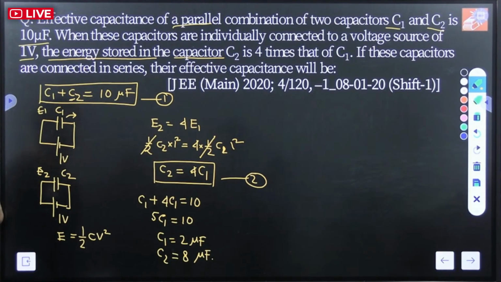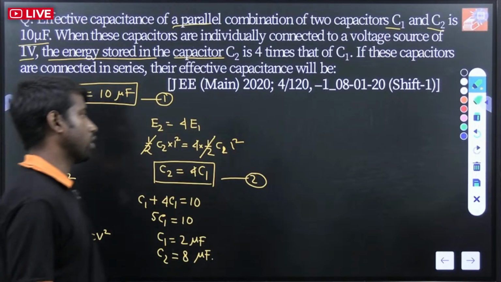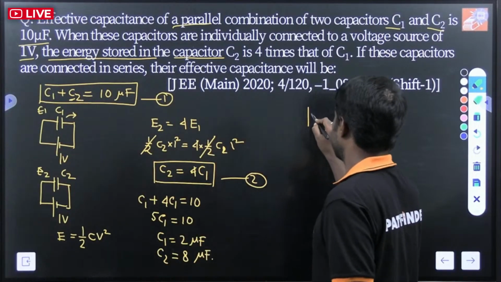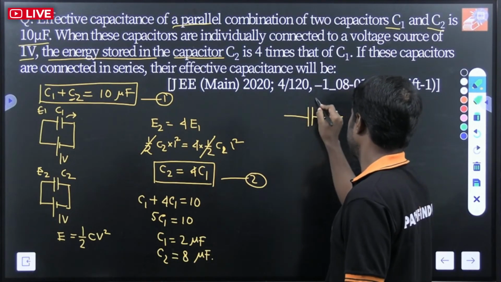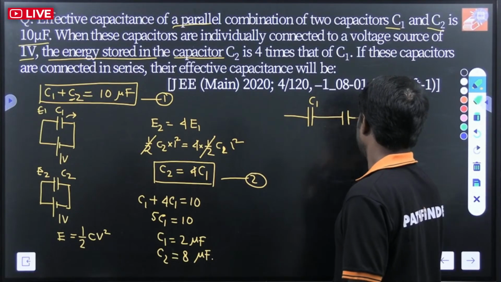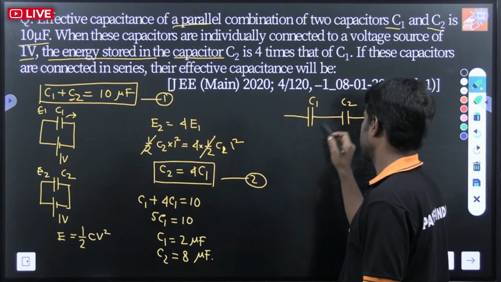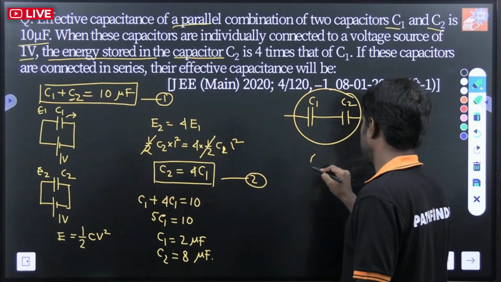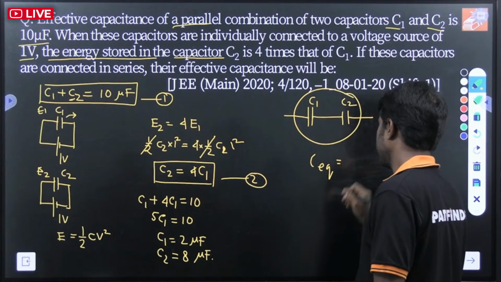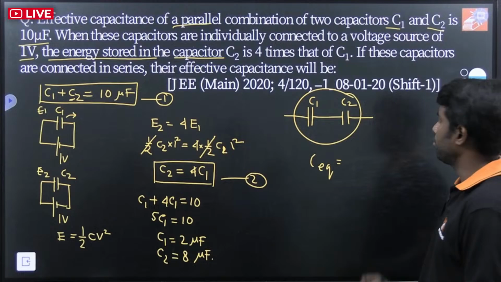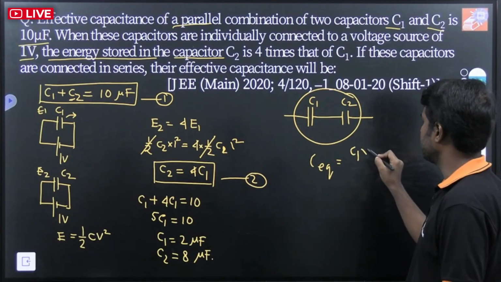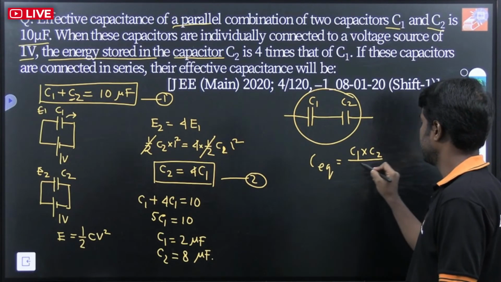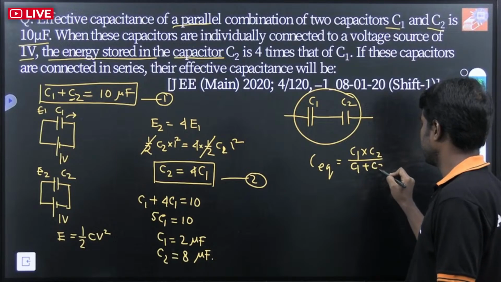If these capacitors are connected in series, what will be the effective capacitance value? For the series combination, as we used in previous questions, C equivalent is C1 C2 by C1 plus C2.